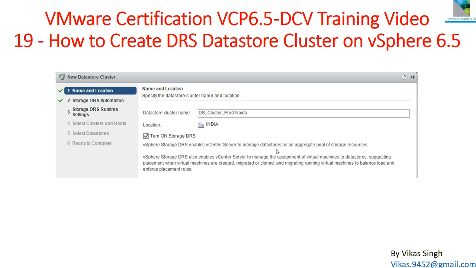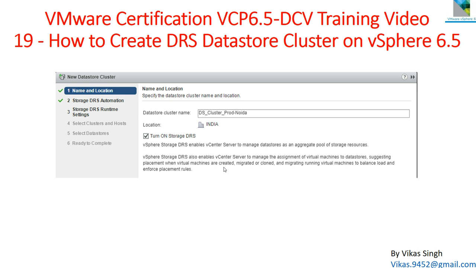You can see VMware storage DRS also enables the vCenter server to manage the assignment of virtual machines to a data store, suggesting placement when you create a new machine. So when you create a new machine, it gives you a recommendation of where you can put the virtual machine, and it always depends on you.